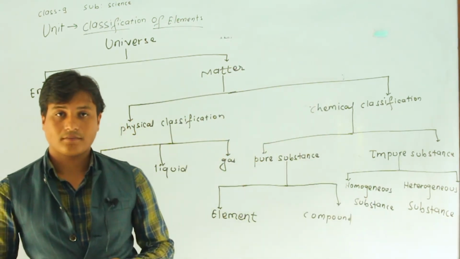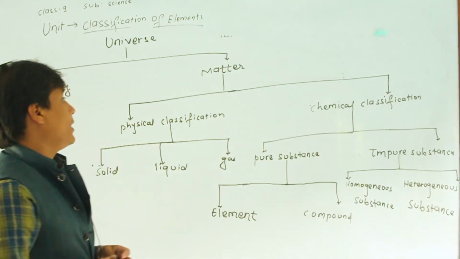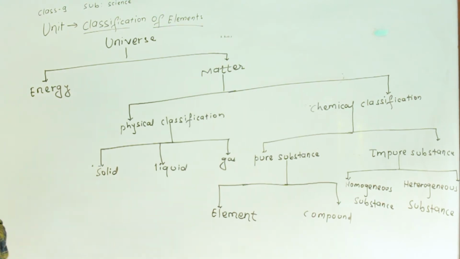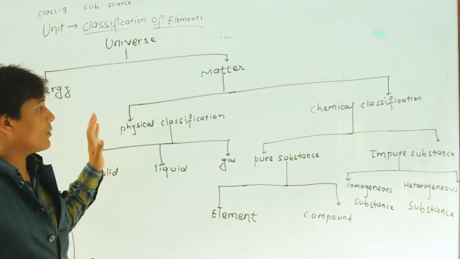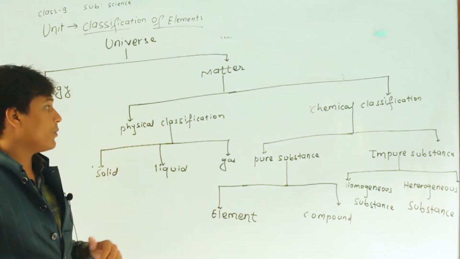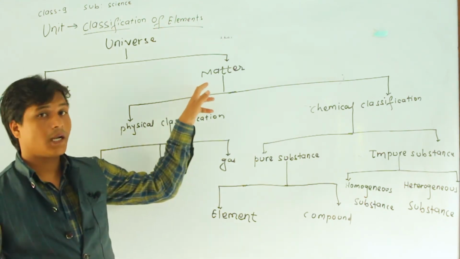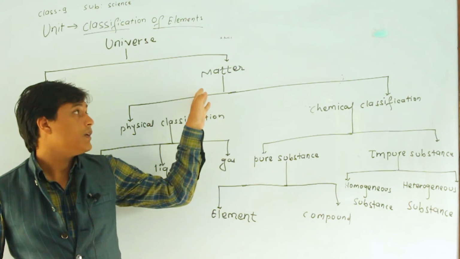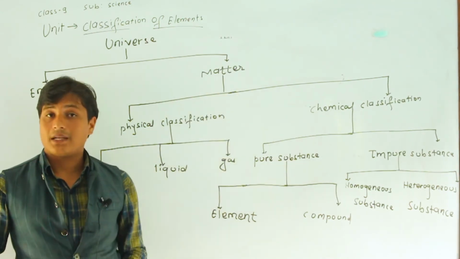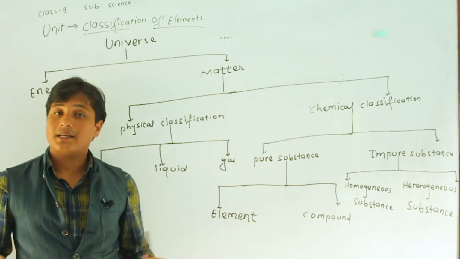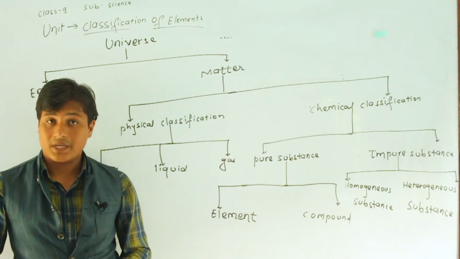I will discuss each term I wrote on the board. I will first describe matter, which I have already told you about. What is matter? Anything that has mass, volume, density and weight.